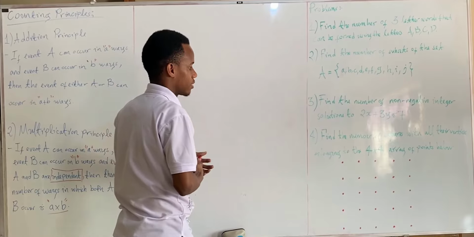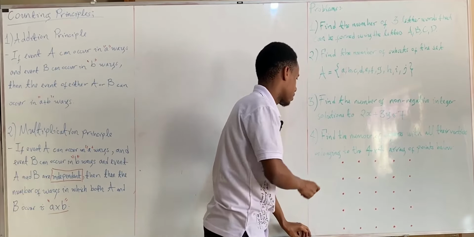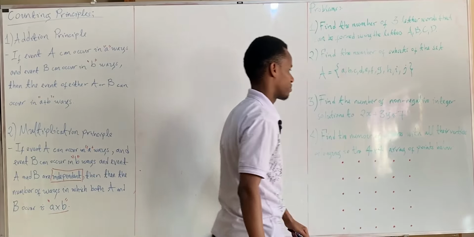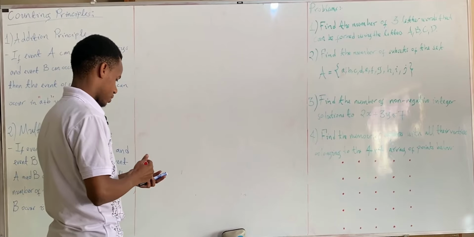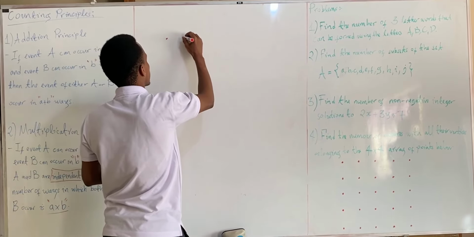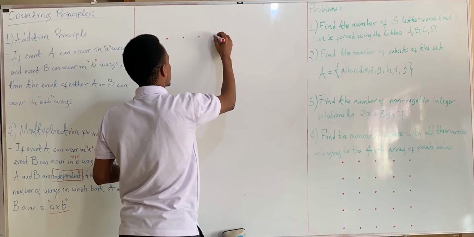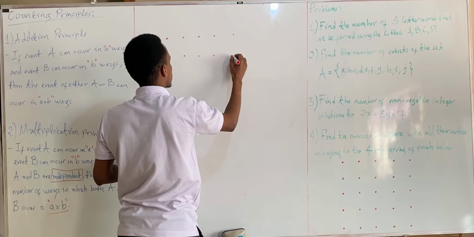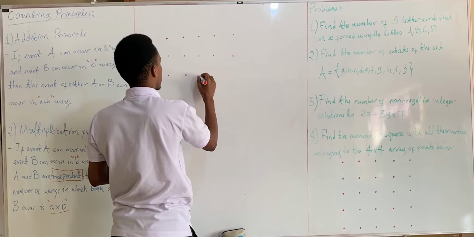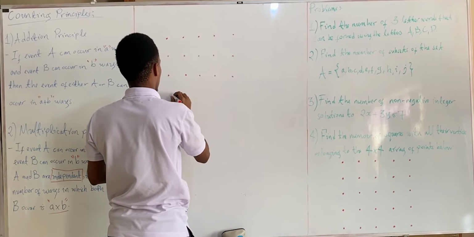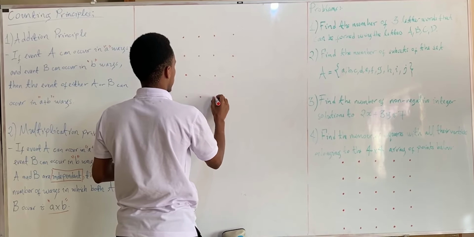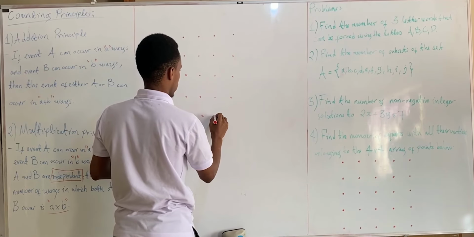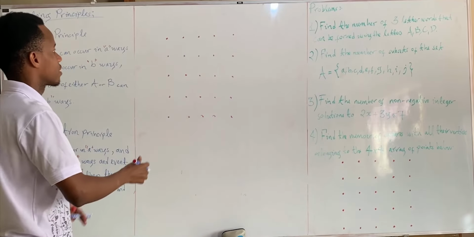Okay, now we are going to the final problem. We are told to find the number of squares with all their vertices belonging to the 4 times 4 array of points below. So let me write down the, so we're having this 5 times 5 grid.